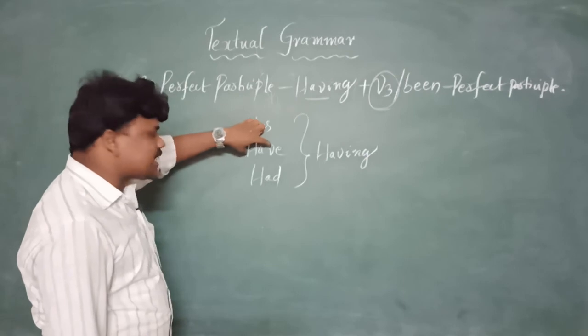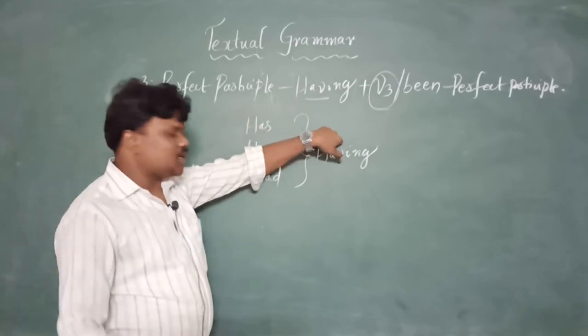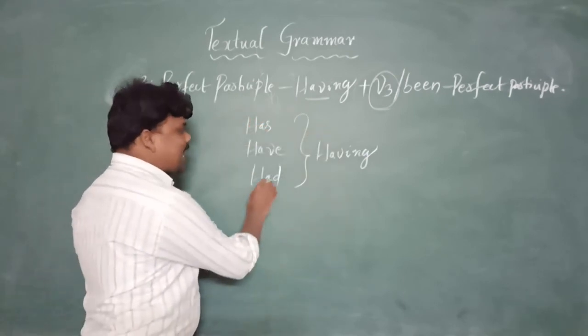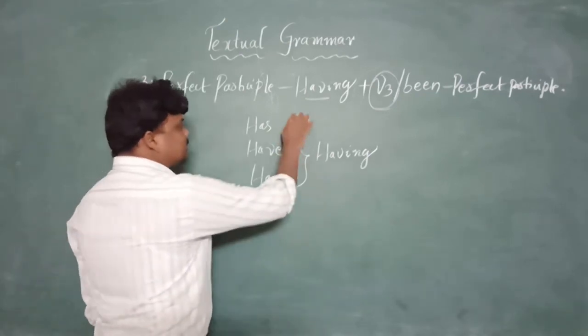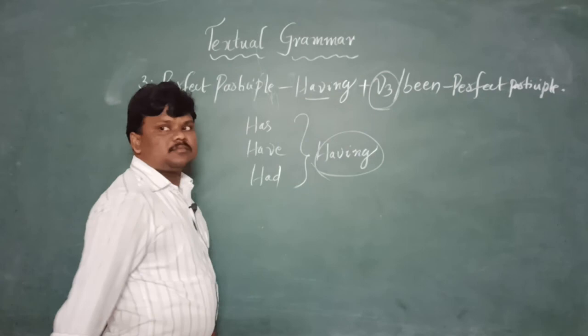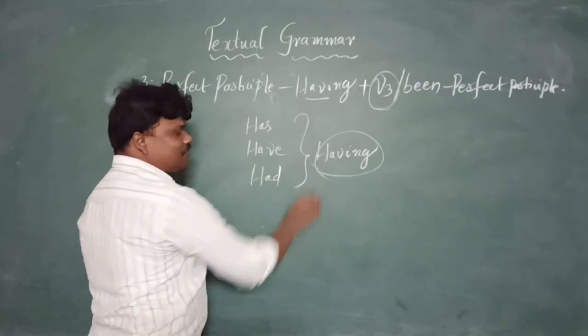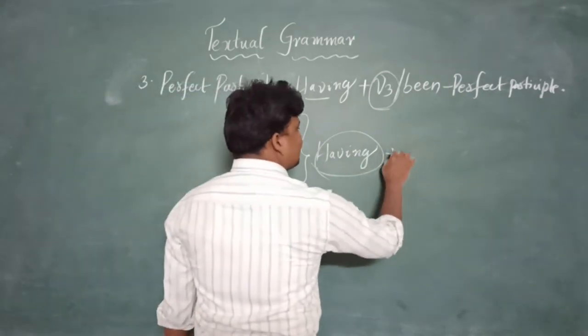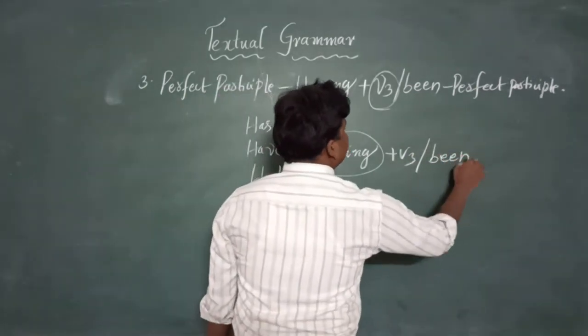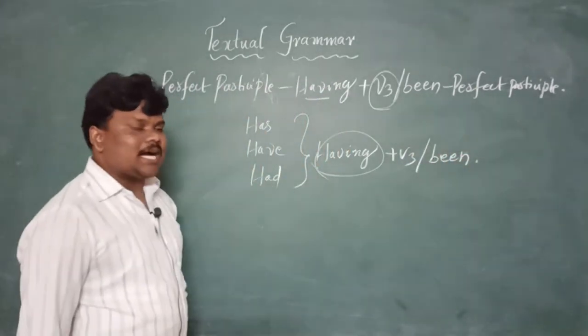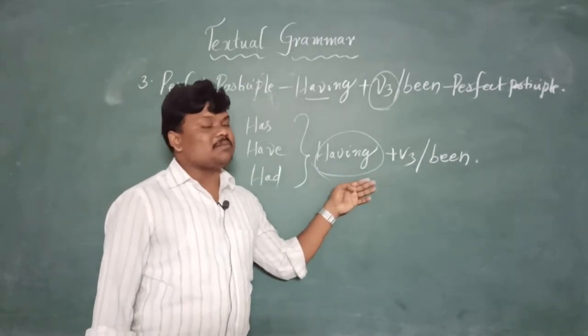If it came with have, having is possible. If it came with had, no hadding. For all three it is called having, but having is always followed by either V3 or been. Remember this.